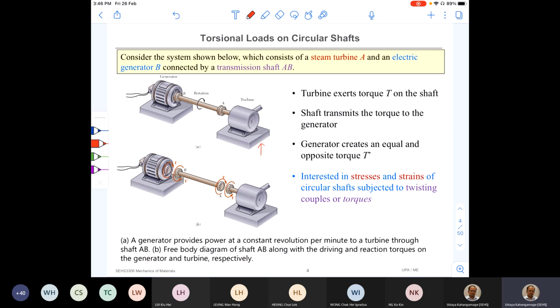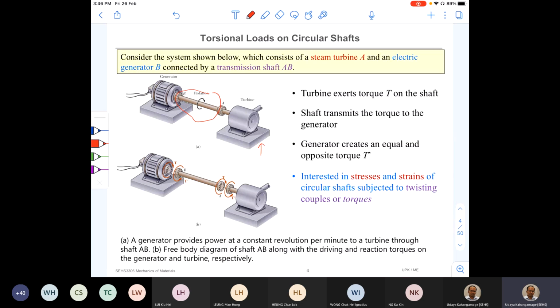So what it does, it converts the potential energy or pressure energy in the fluid into kinetic energy. That kinetic energy then drives the generator. Generator generates electricity. So in this process, we have to combine the turbine with the generator. So for that, we use this kind of transmission shaft, and that shaft is completely or purely subjected to torsion.